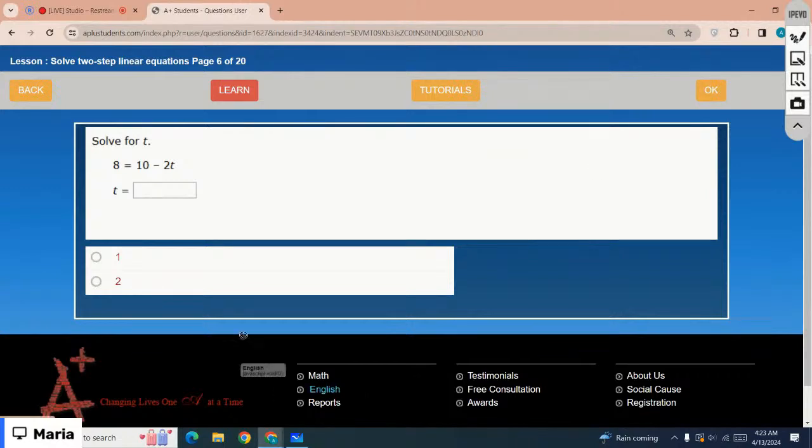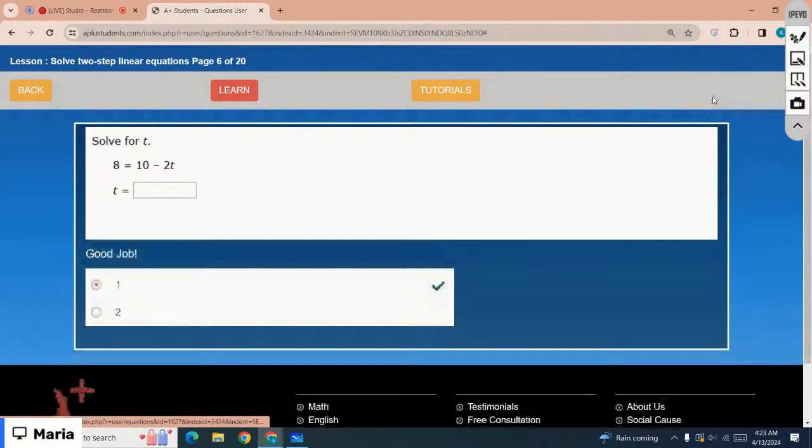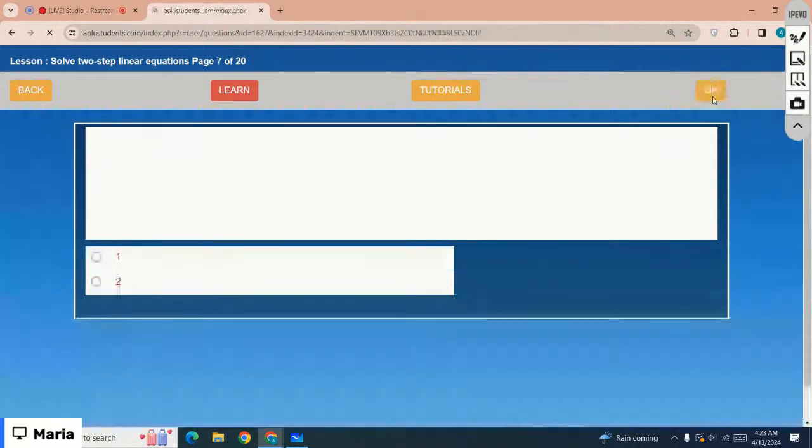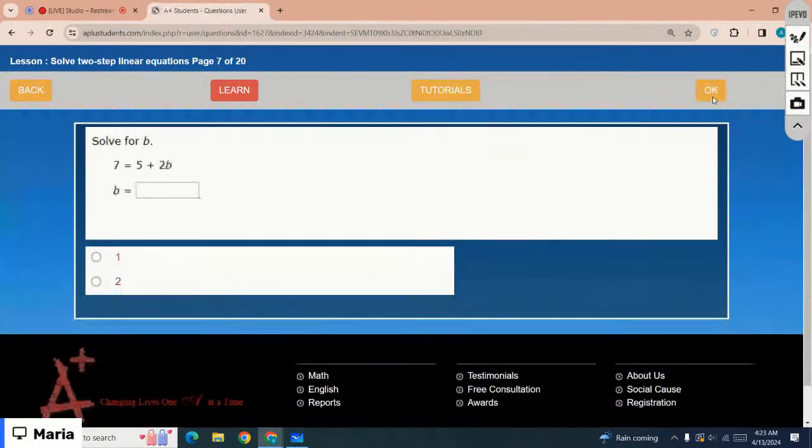The correct option is option number 1. Okay, the next one is solve for B, so which is the correct option.